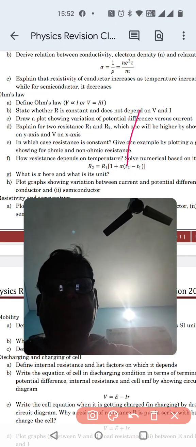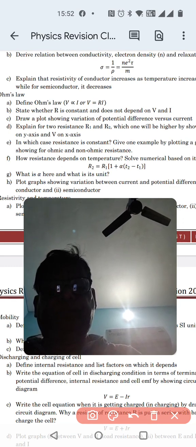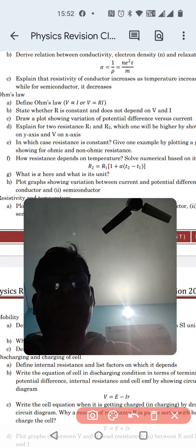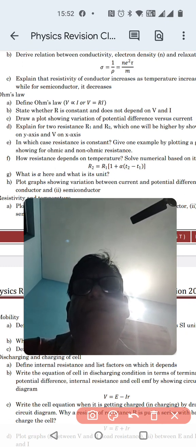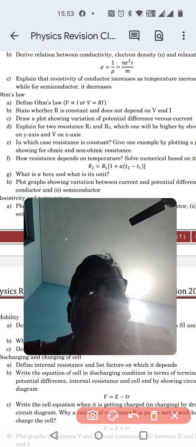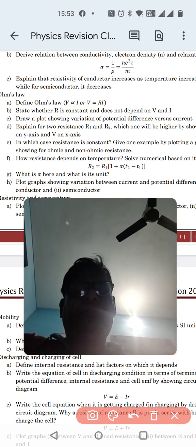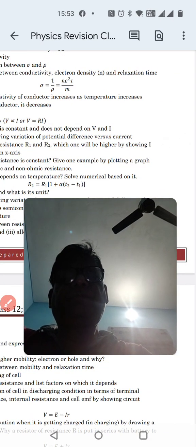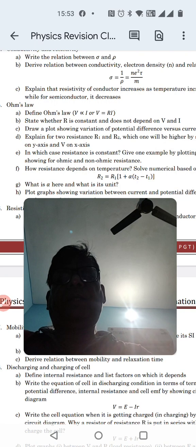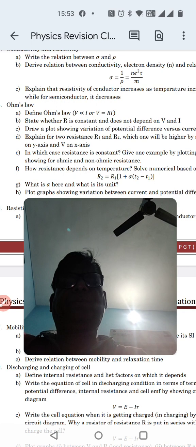Next, we mention here explain for two resistances R1 and R2 which one will be higher, by showing I on y axis and V on x axis.